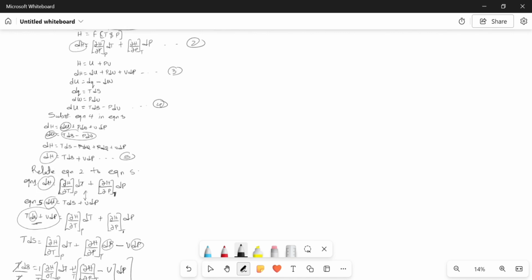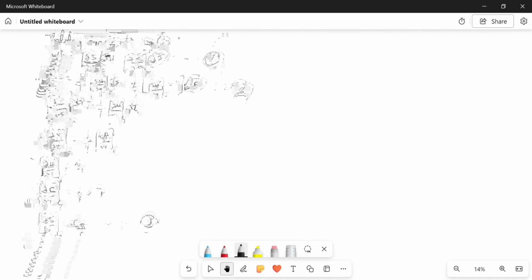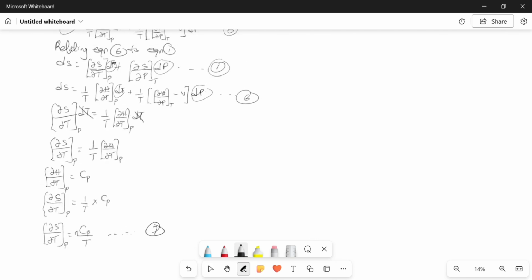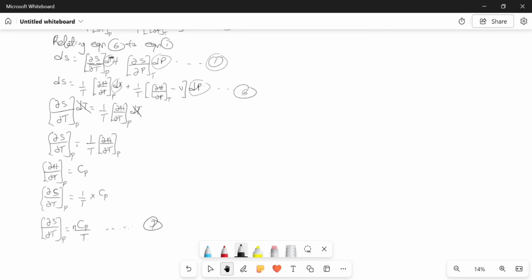So where we stopped now, we are almost there, just continuing to relate equation 6 to equation 1. We are not bringing out a new equation again that much. So let's relate equation 1 and equation 6 together.